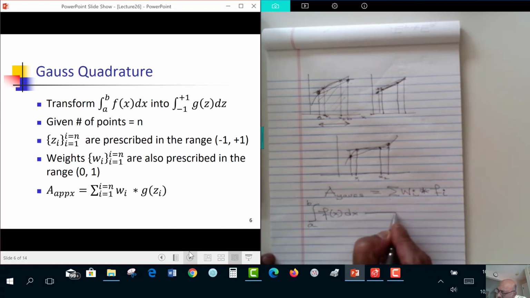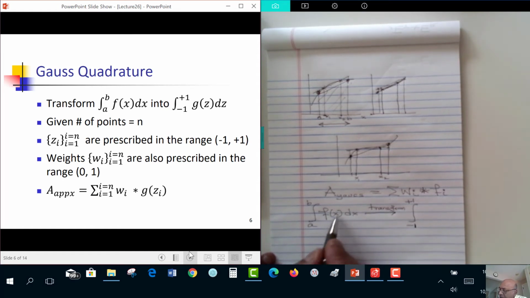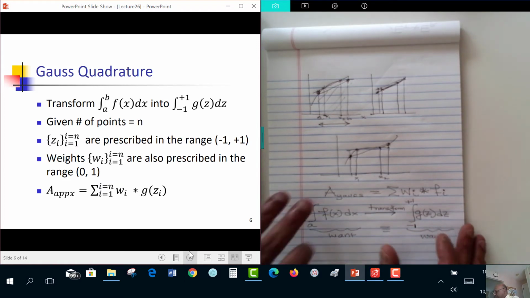What we'll do first is transform this into a very standard integral. We are going to say our integration limits are always from -1 to +1. So we need to transform this function so we have an equivalent integral. So let's suppose we transform it. We'll worry about that later. So now instead of evaluating this, we are going to evaluate this. And we'll talk about what this function g(z) is later.